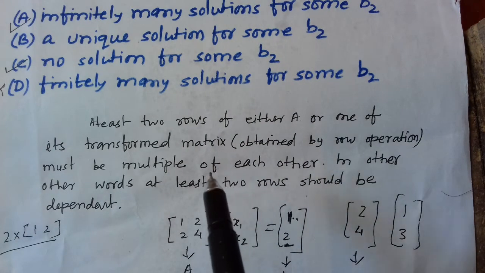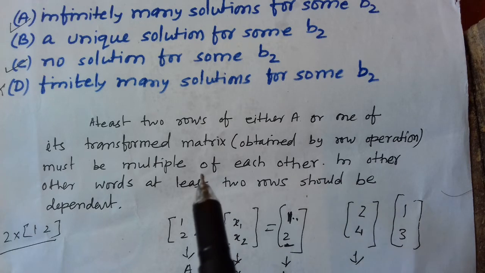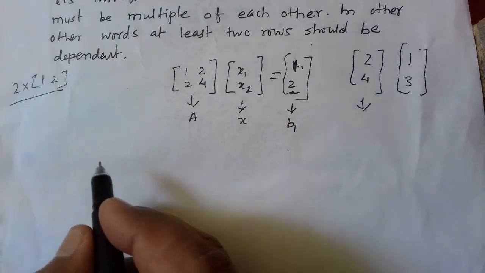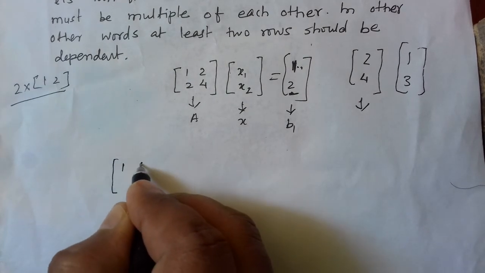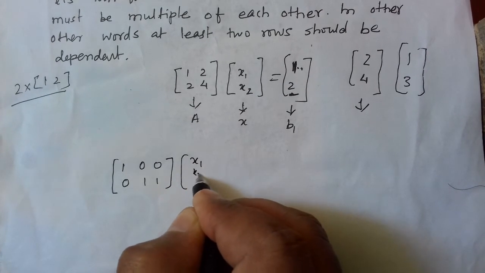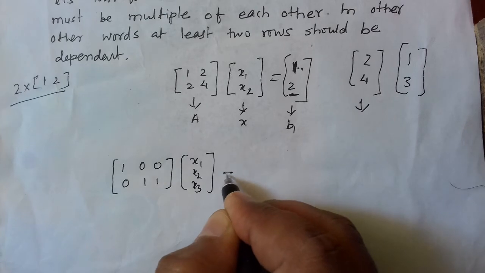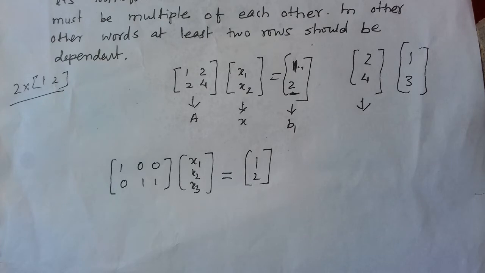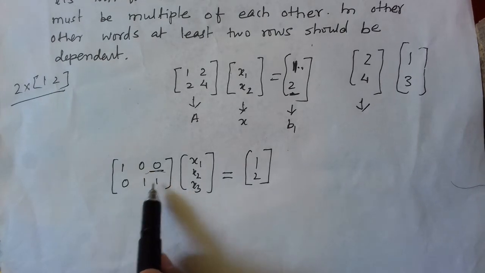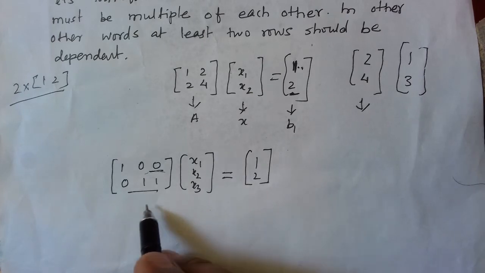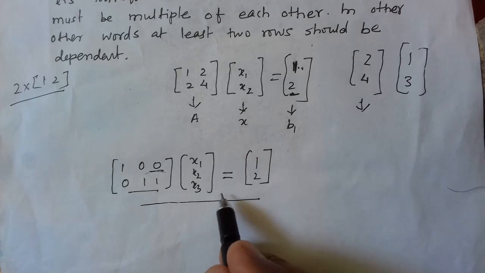In this statement you see that two rows should be multiples of each other, but one may think that a candidate may take this example: 1 0 0, 0 1 1, times x1 x2 x3 equals 1 2, and says to me that, see here, these two rows are not dependent, and we have an infinite number of solutions for this equation.